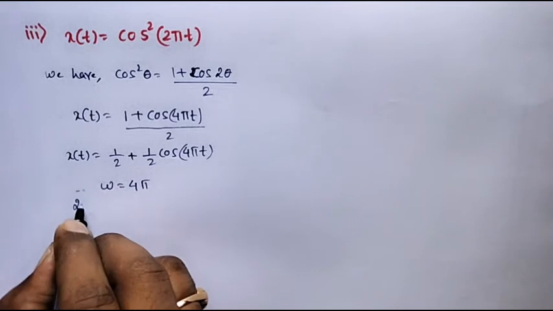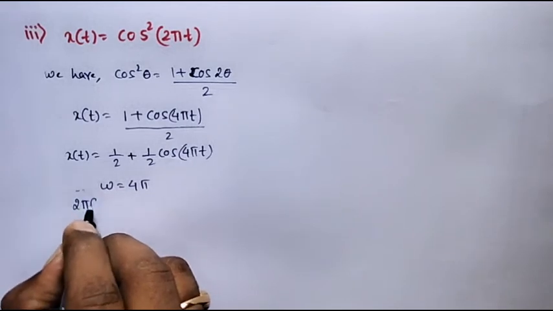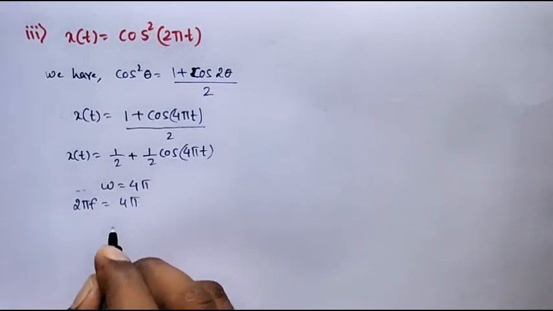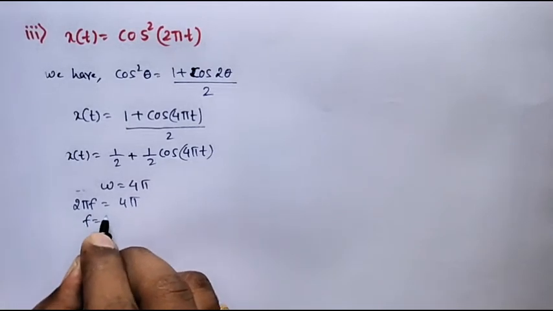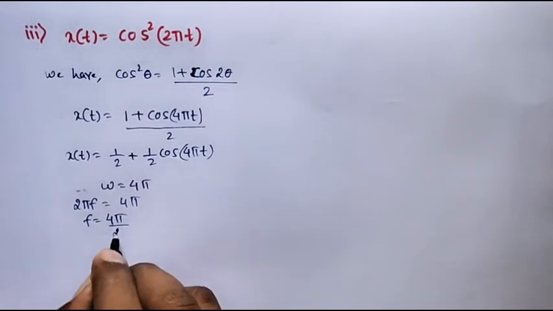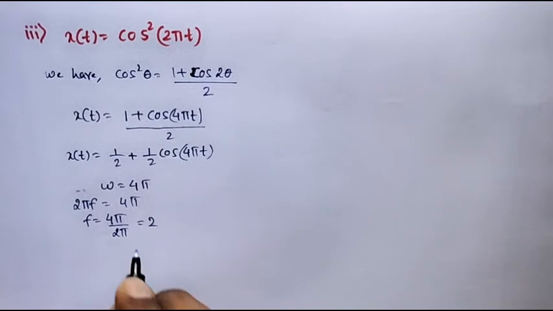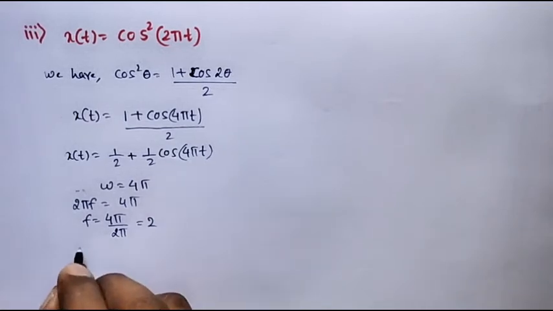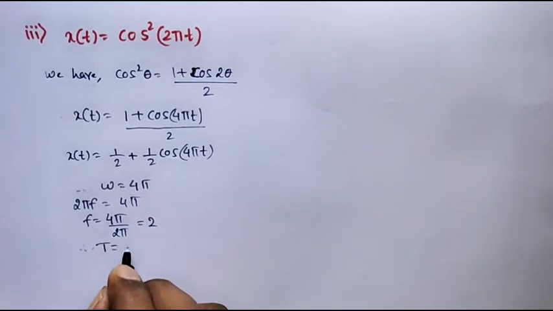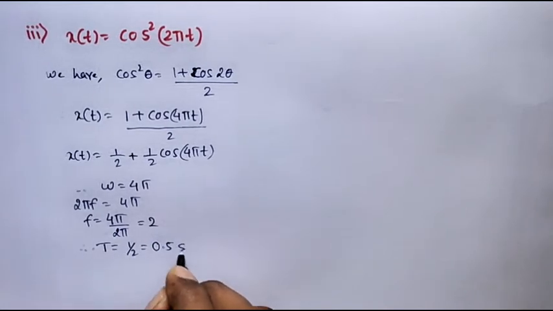Omega is nothing but the angular frequency, which can be represented as 2 pi f equal to 4 pi. Therefore f equal to 4 pi by 2 pi, which is equal to 2. Therefore T is equal to 1 by 2, which is nothing but 0.5 seconds.